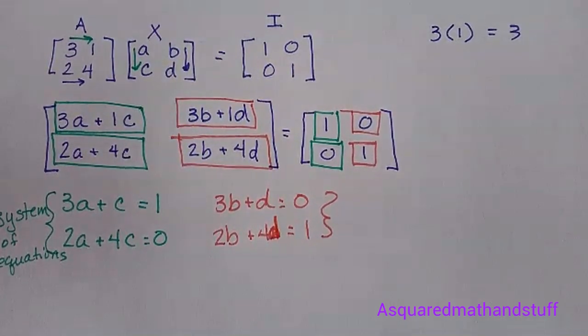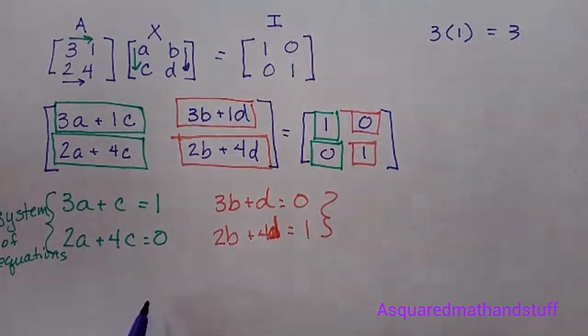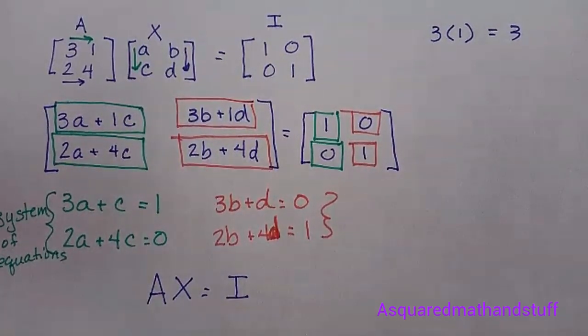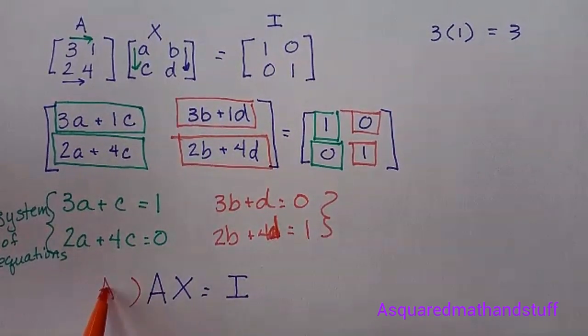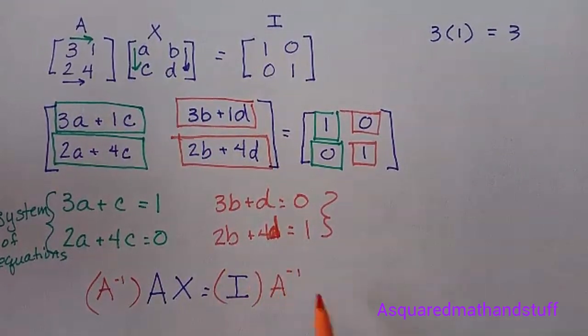This is a little bit lengthy. There's a streamlined process that we can use where what we do is we take that original multiplication of A times X, and it equals our identity matrix. And I'm going to multiply both sides essentially by the inverse of matrix A, because we can't divide out. But what I can do is multiply both sides by A to the negative 1.